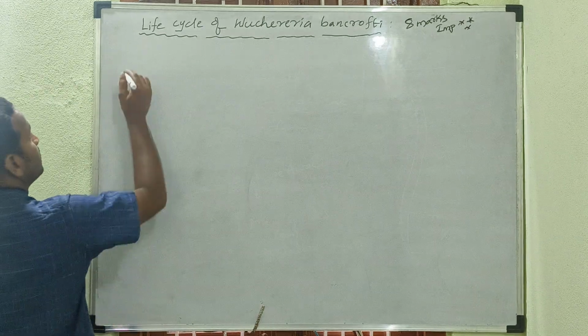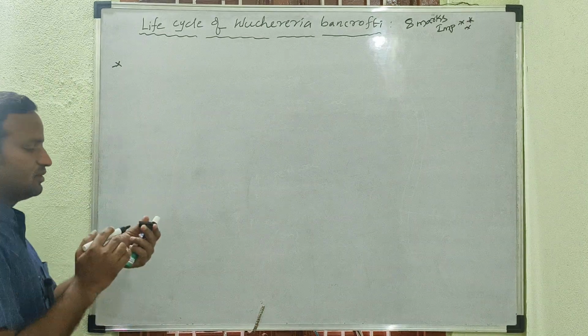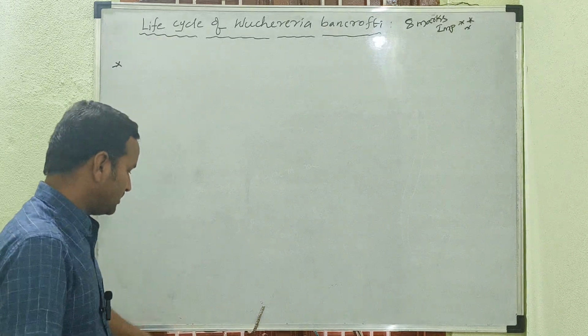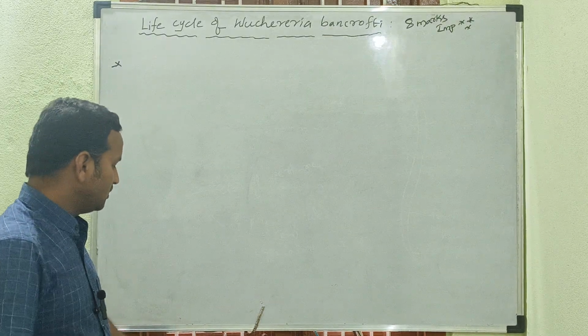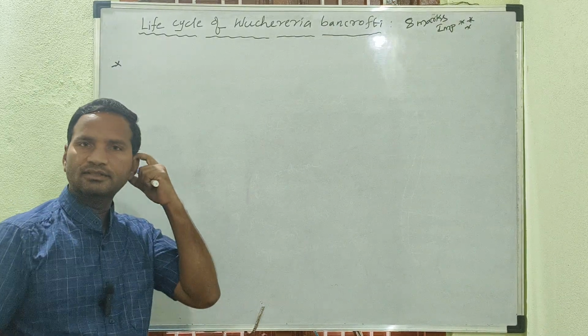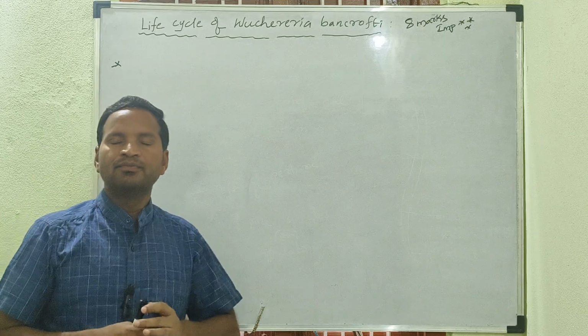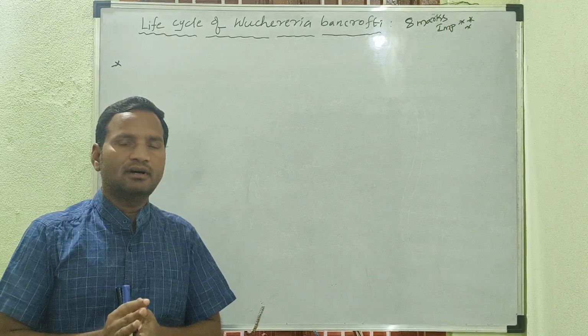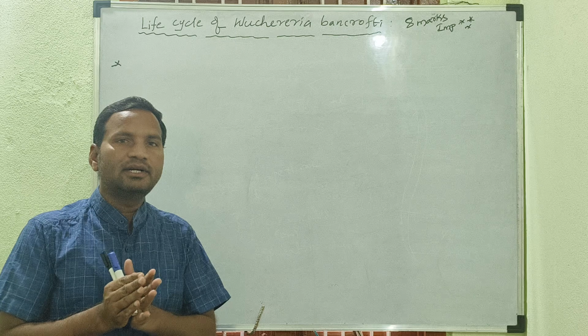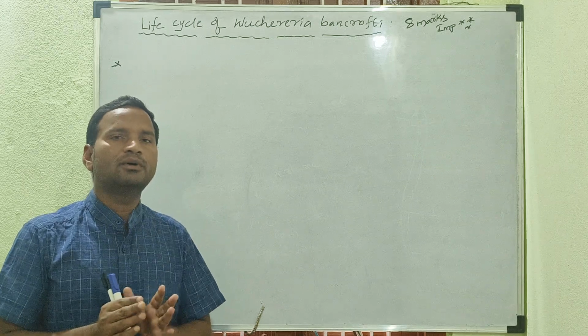Come to the point. Let us see about the life cycle of Wuchereria bancrofti. The first point, which I already told about: the males and females are found in lymphatic vessels.